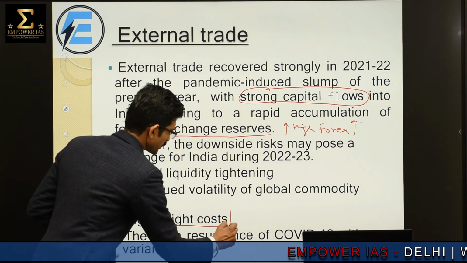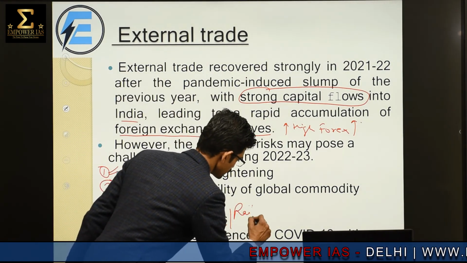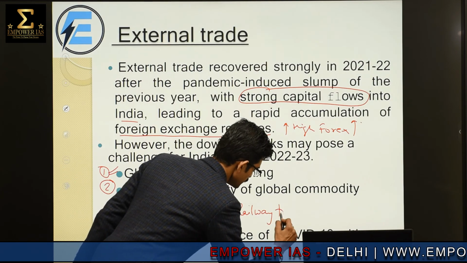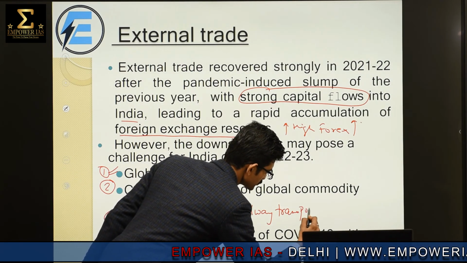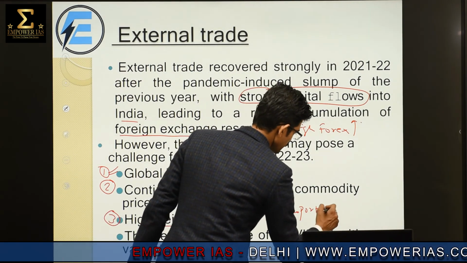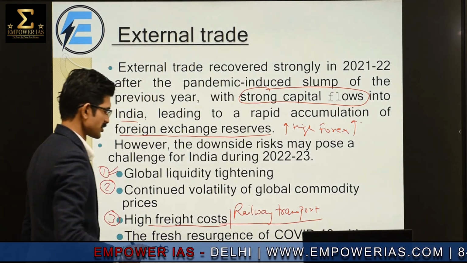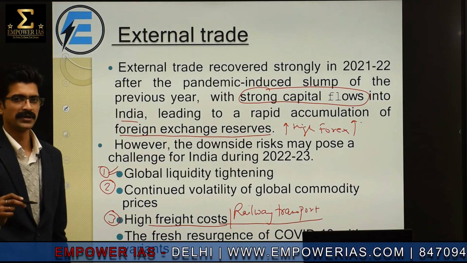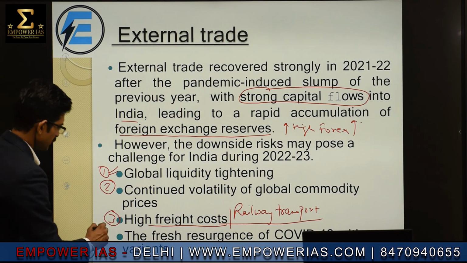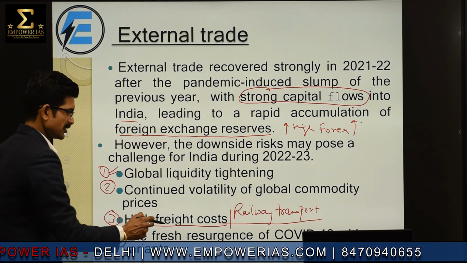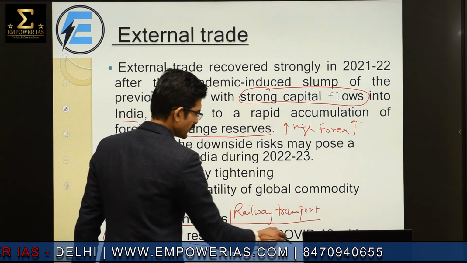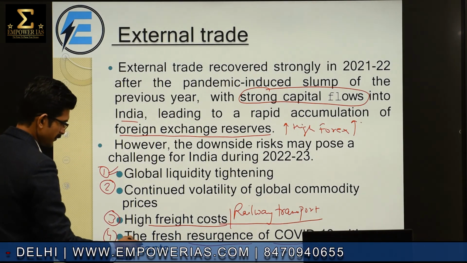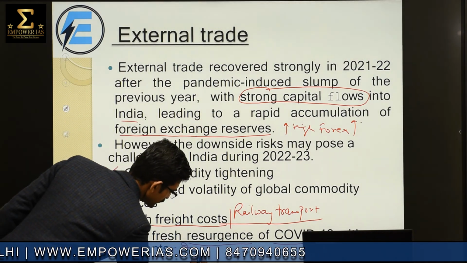There is railway transportation cost being very high, which the government looks into improving through the PM Gati Shakti program. Then fourth is the fresh resurgence of COVID-19 in terms of the Omicron variant.